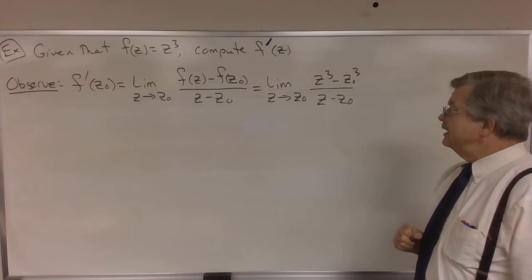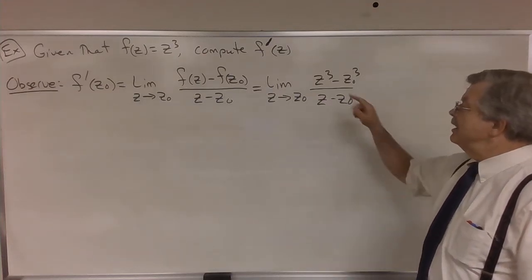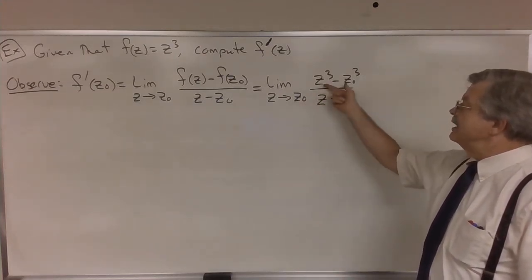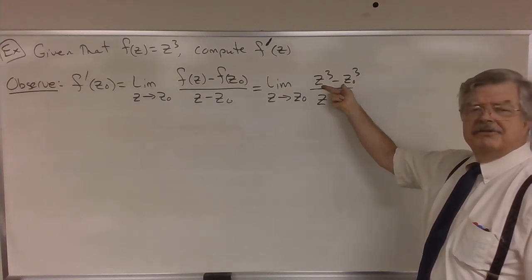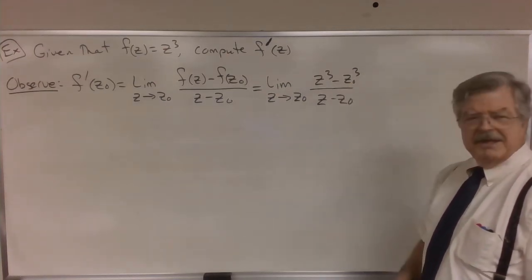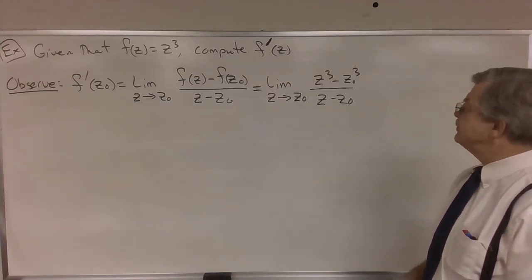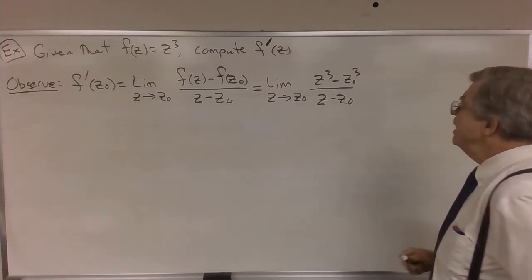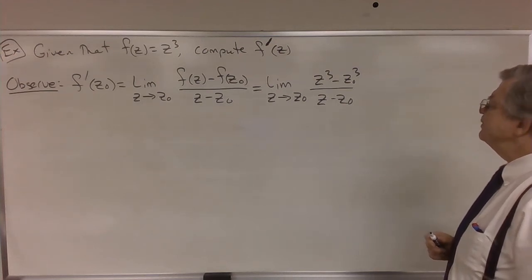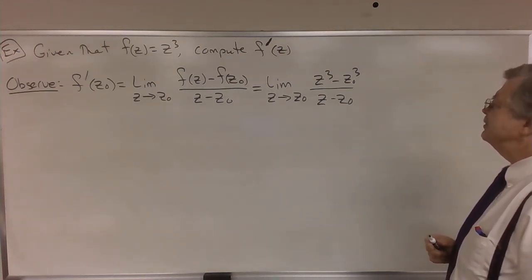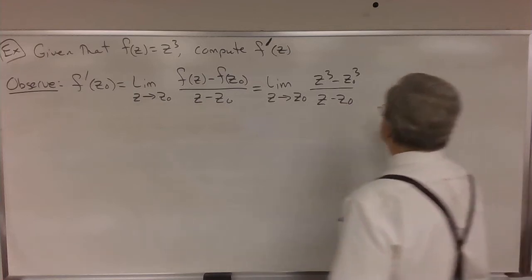And here's the key. When we plug z sub naught into this polynomial, we get 0. And that means that z minus z naught is a factor. Now, do I know how to factor the difference of cubes? Yeah, I guess I do.